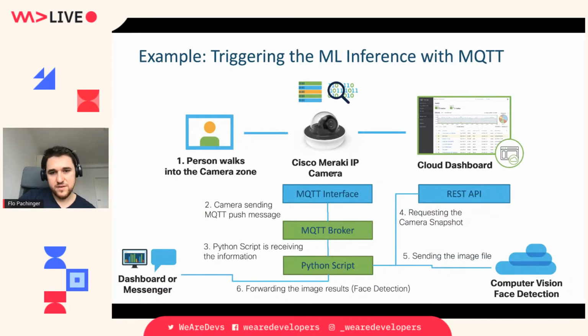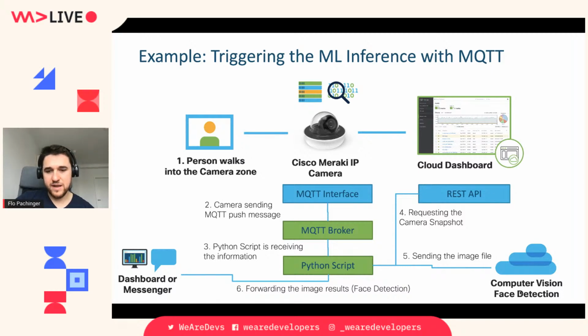You can see this in the Meraki camera. The Meraki camera is then pushing via MQTT to the broker, to this Python script. The Python script is receiving this information and then requesting just one snapshot, which is the cool thing about this. Just one image, for you to use for the computer vision face detection.